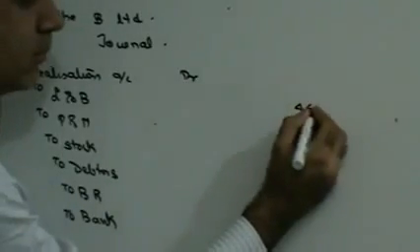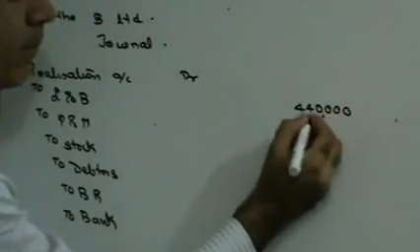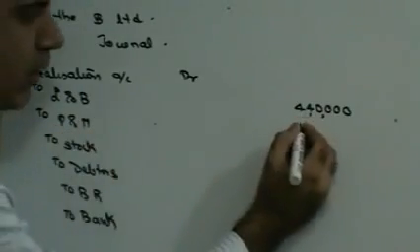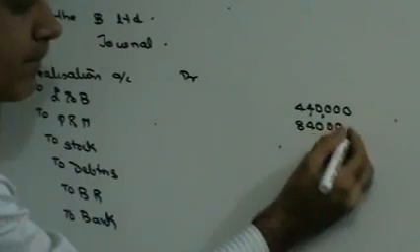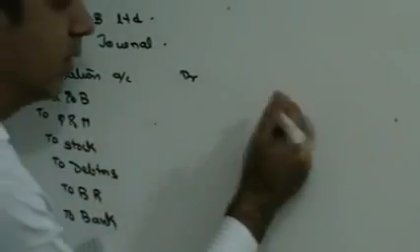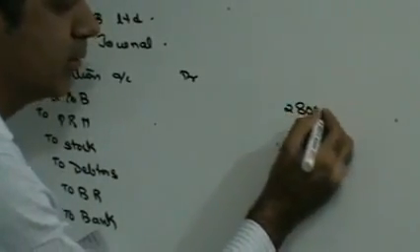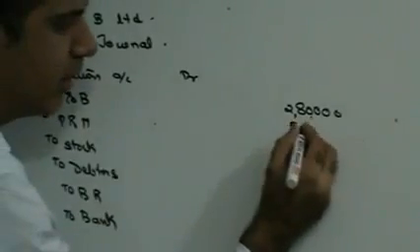Right? Here, land and building. Land and building is 4 lakh 40,000. Plant and machinery is 8 lakh 40,000. Stock is, no, this is of A Limited. We are doing in the books of B Limited. B Limited land and building is 2 lakh 80,000. Plant and machinery is 5 lakh 20,000.